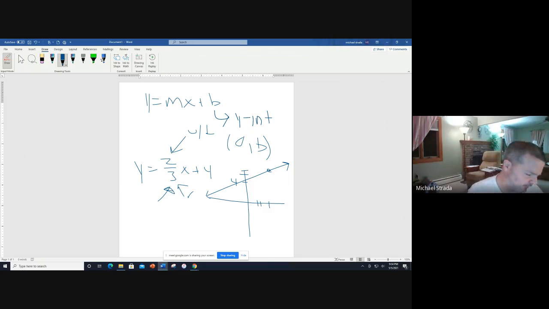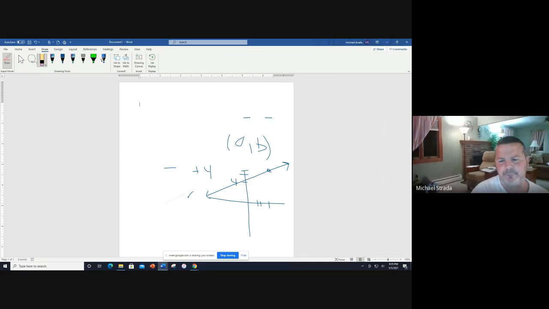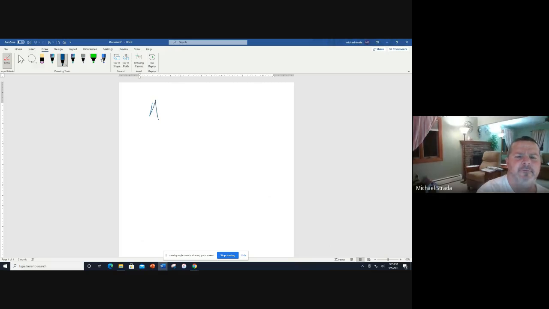So that is how we graph lines for the most part when it's in y equals mx plus b form. Now, when it's in what we call standard form, it's a little different. It looks like ax plus by equals c, and we're going to graph it using what's called the intercept method.